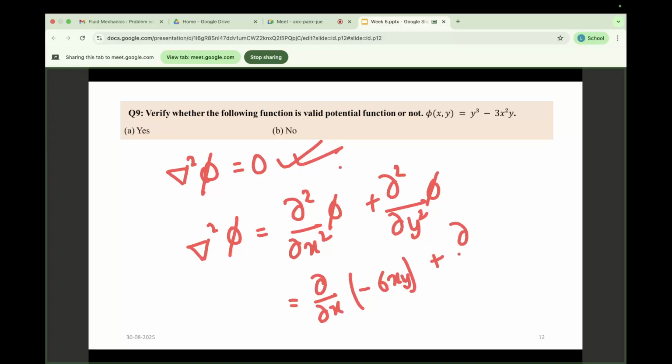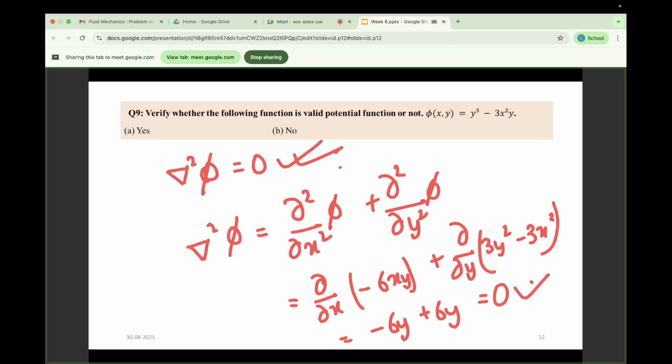And here for a single derivative, what will I get? 3y square minus 3x square. And again I take the derivative with respect to x, I will get minus 6y. And here I will get plus 6y, and this term is 0. So also this is getting a 0. So that means it is incompressible, right?